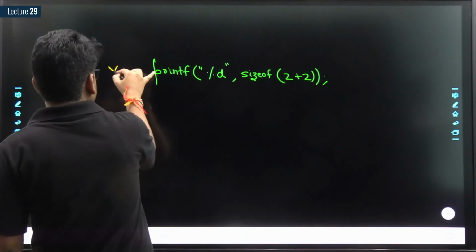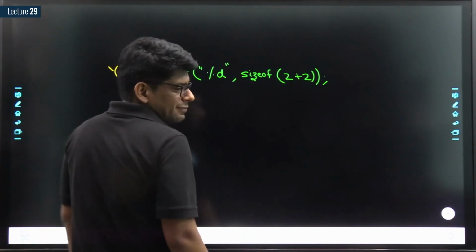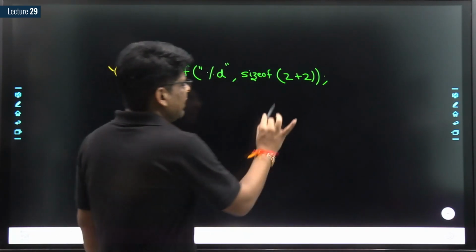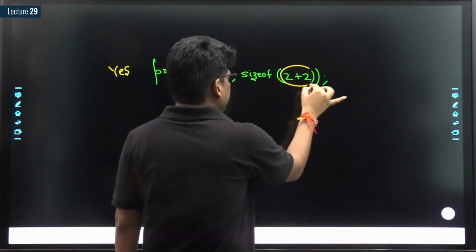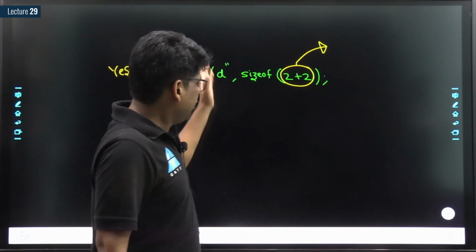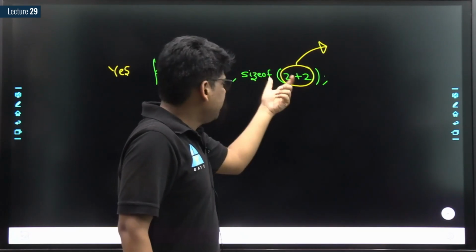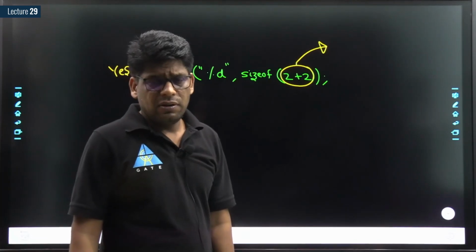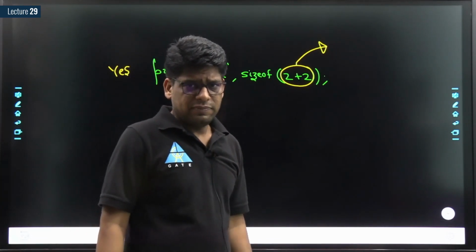Sir, yes. But how is it evaluating? How is it going to evaluate? See, it is never going to perform anything. Sizeof is never going to find or evaluate what 2 plus 2 is. No, of course it is not.